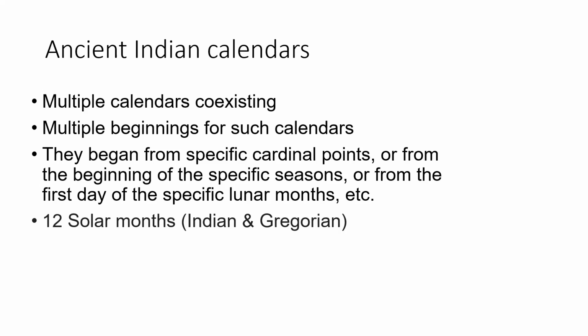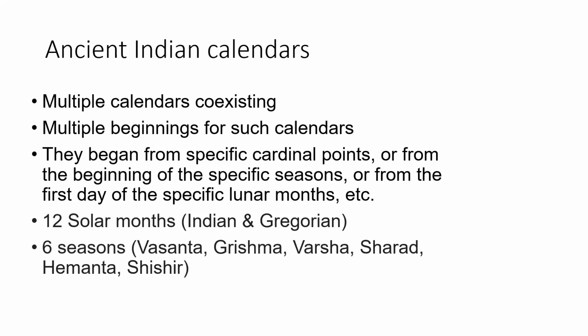For a long time, and we don't know how long, the Indian solar months are not to be seen in the current Indian calendars. And we don't exactly know when their use in Indian calendars was discontinued. And then finally, we will look at the 6 seasons of Vasanta, Grishma, Varsha, Sharad, Hemanta, and Shishir.